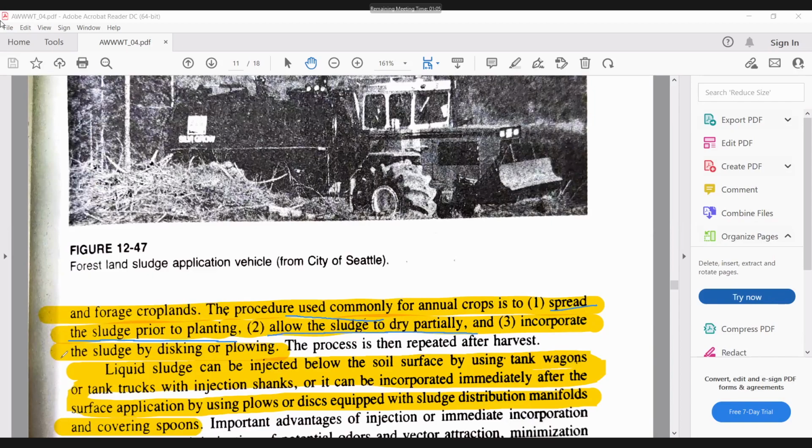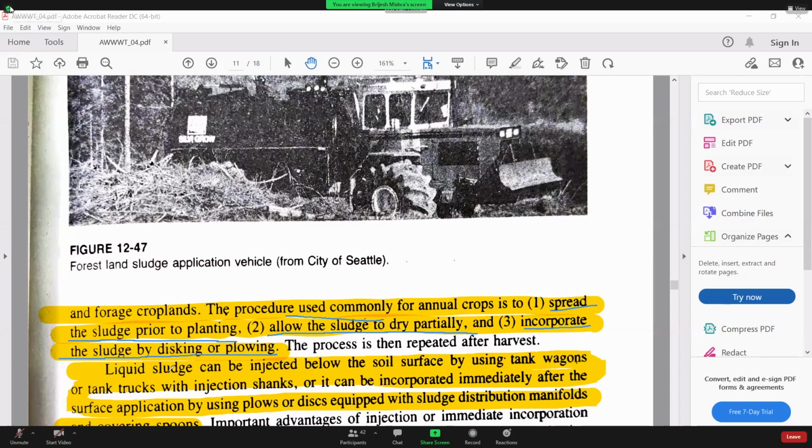Then incorporate the sludge by simple ploughing. First we spread the sludge and provide sufficient time. Because of the infiltration capacity of the soil, the sludge is going to dewater, and after that you do simple ploughing, so there is complete mixing of the sludge.